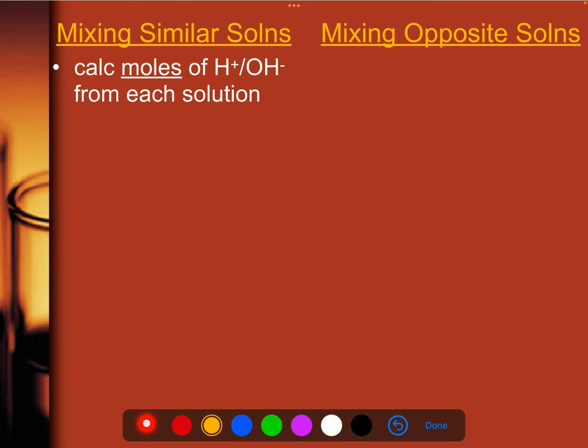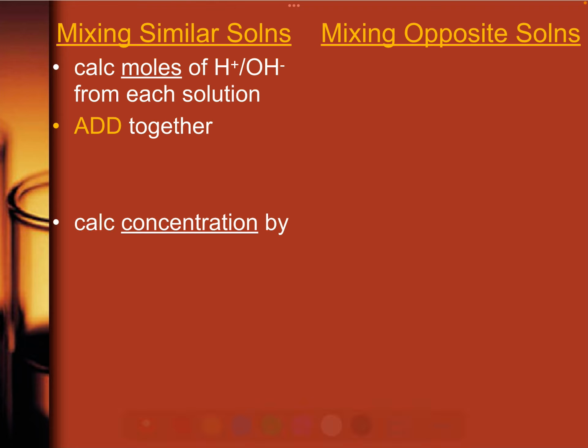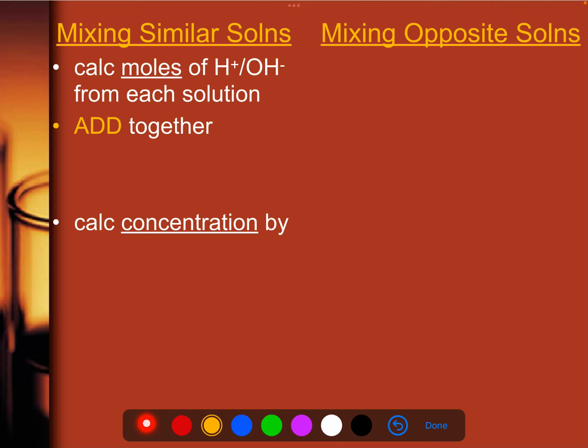With similar solutions, we have to find the moles of the hydrogen or hydroxide from each solution, add the number of moles together to get the total moles being put in that beaker, and find the new molarity, the new concentration, by dividing by the total volume.